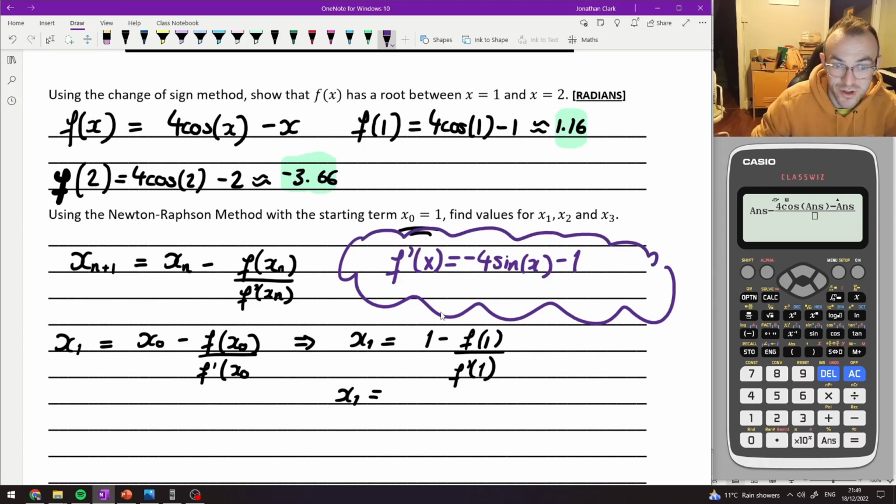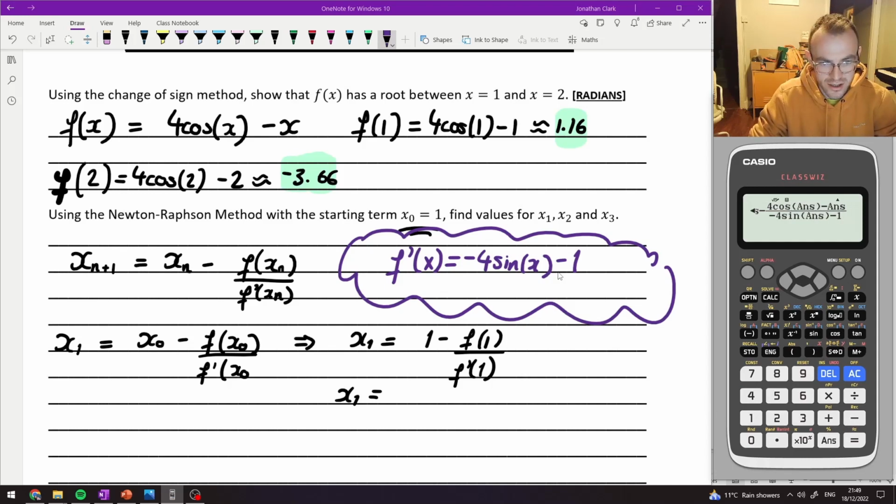So that's what's going to go in on the bottom of the fraction, minus 4 sine of the answer, take away 1. I just need to verify that that 1 isn't the same 1 as I'm plugging in everywhere else. That's the 1 from differentiating the x up here. So that's fine. Let's hit equals.